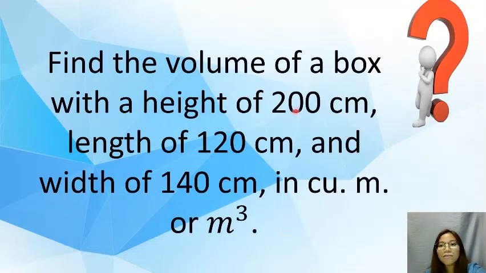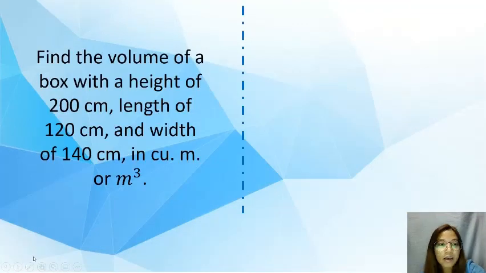Find the volume of a box with a height of 200 centimeters, length of 120 centimeters, and width of 140 centimeters in cubic meters. Now, we're going to find the volume of the box. Since it's 200 centimeters, 120 centimeters, and 140 centimeters, that means the sides are not the same.